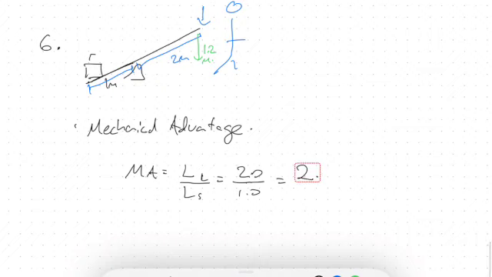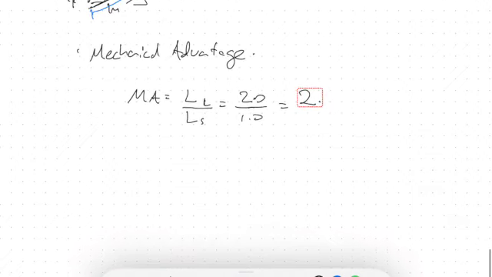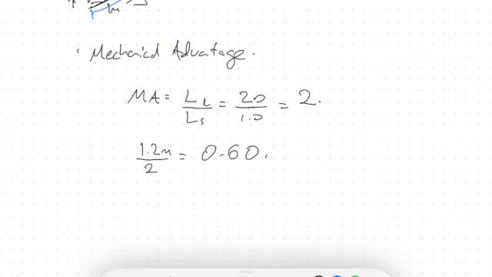That is, it will move 2 times further down than it moves up. So if she moves it 1.2 down, we're going to divide by the mechanical advantage. So the rock will move 0.60 meters upwards, half as much as 1.2.